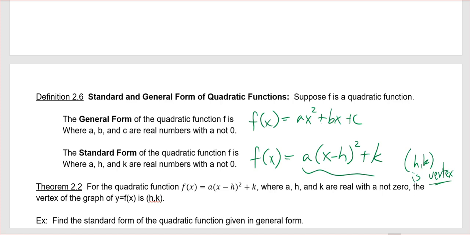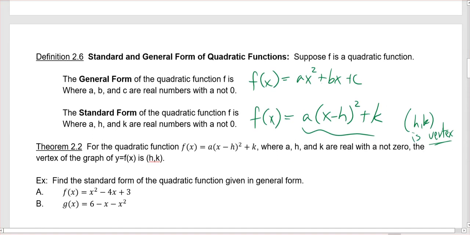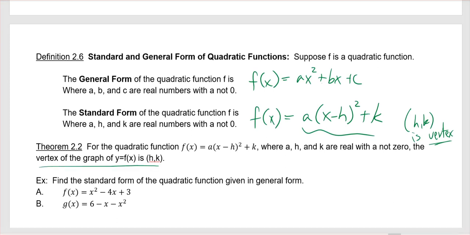So if we go from 0, 0, well, that's the ordered pair that the vertex is going to be located at. So for the quadratic function, we just have that in a nice little package here.